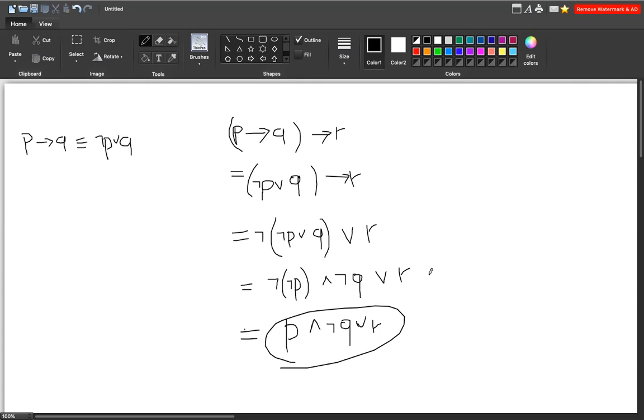Okay, questions? No questions. Let's take another. If you didn't remember the identities, you would do this using the truth table method. Of course, but it's going to take you a lot of time.